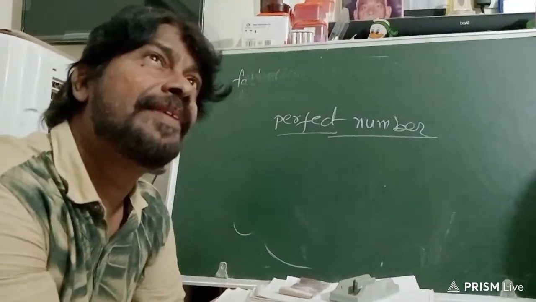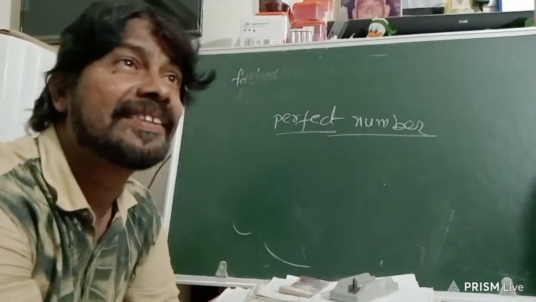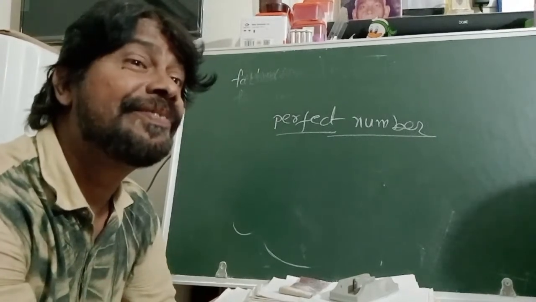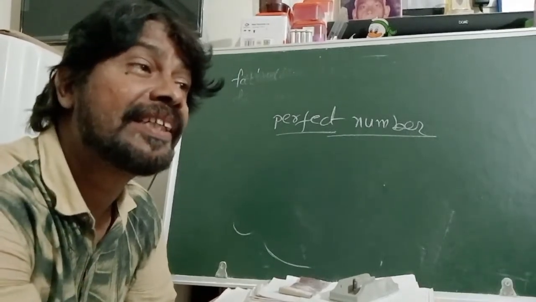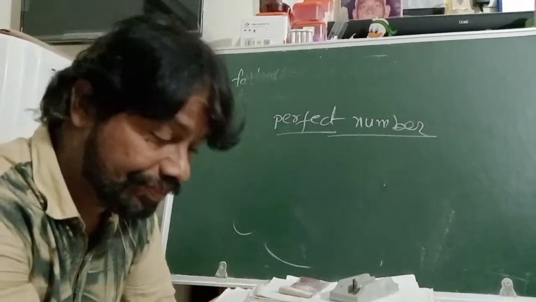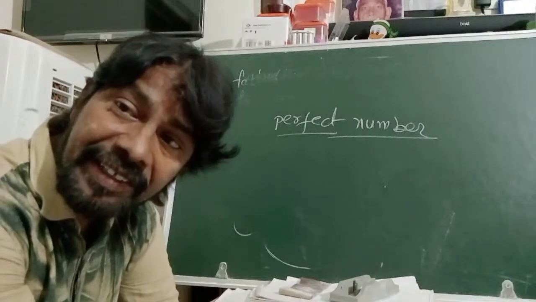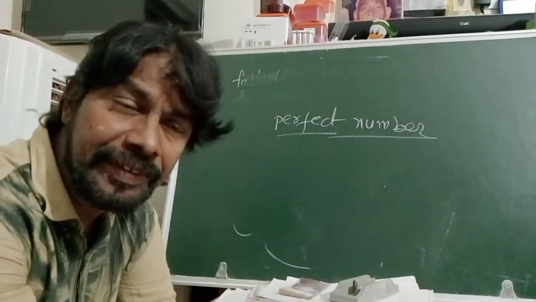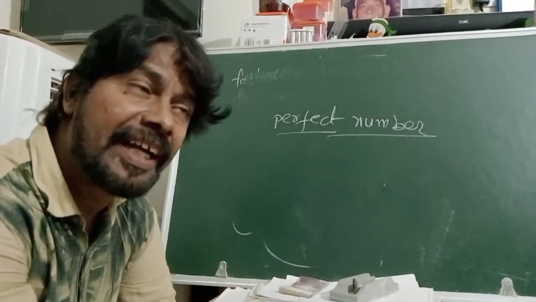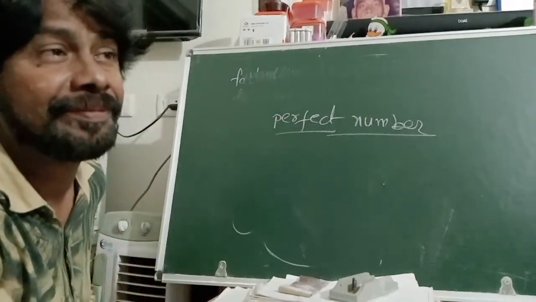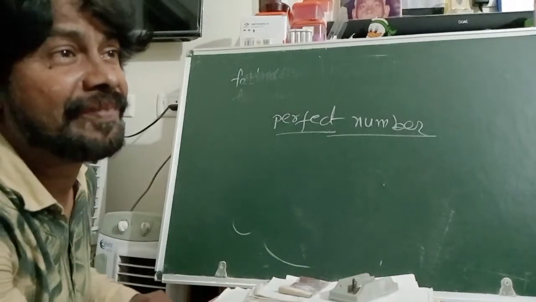If you take a number and find all the factors of that number and add all the factors, if you get the same number, then we say that is a perfect number.